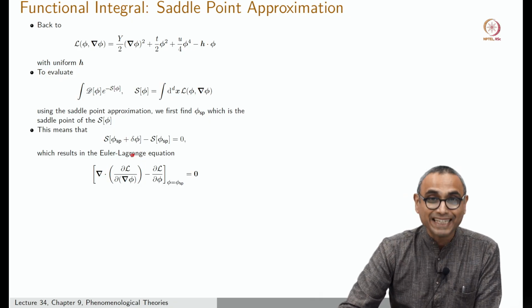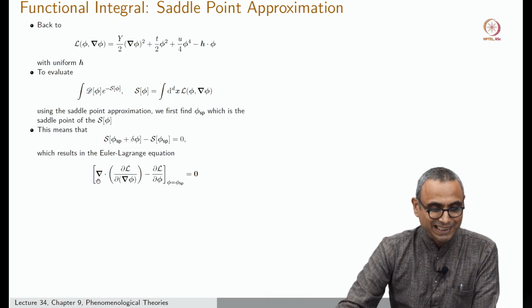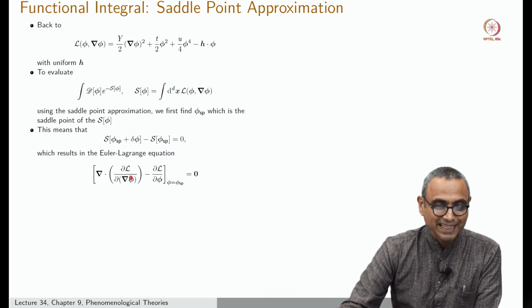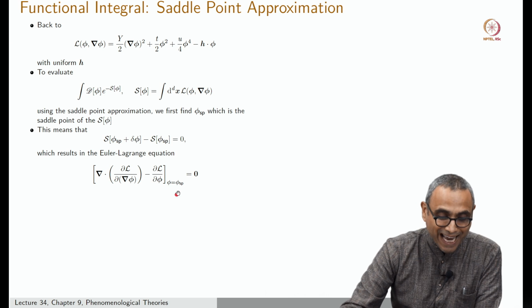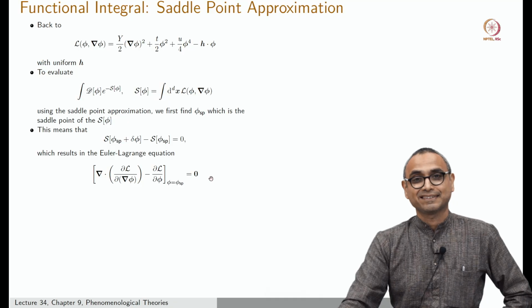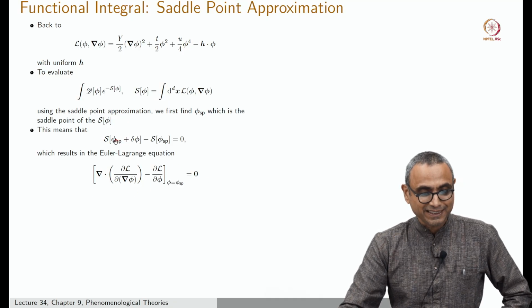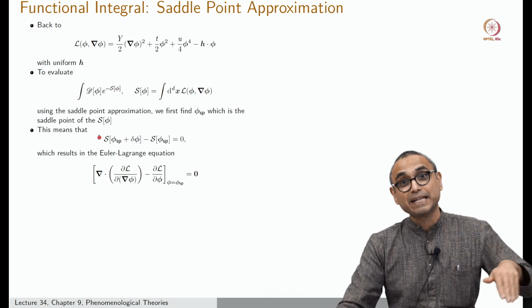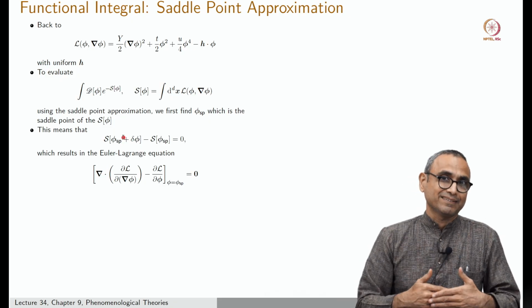In the context of this problem, the Euler-Lagrange equations show that the spatial divergence of dL by the derivative with respect to gradient of phi, minus dL by d phi, evaluated at the saddle point field, will vanish. So this is telling me that the functional will be extremized when phi is the saddle point field.